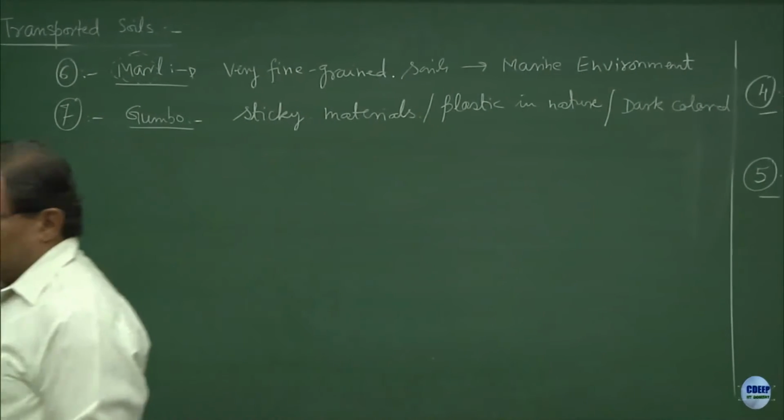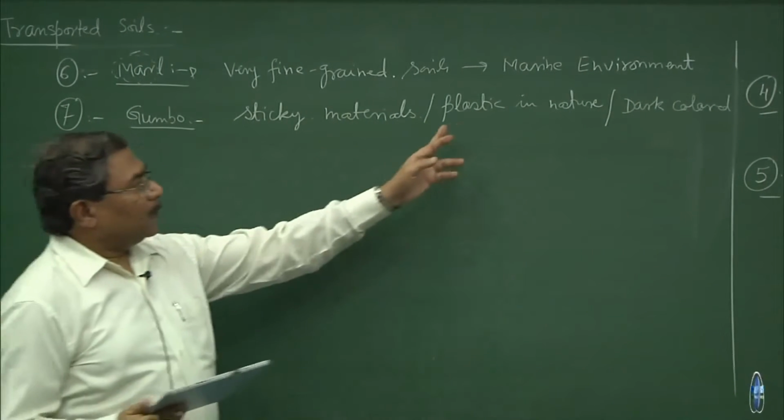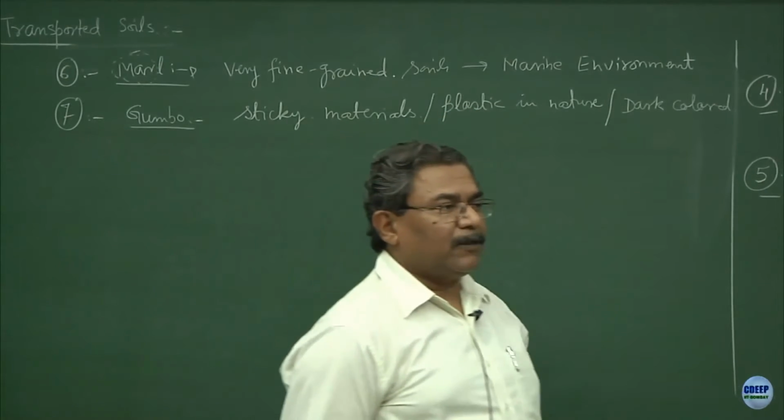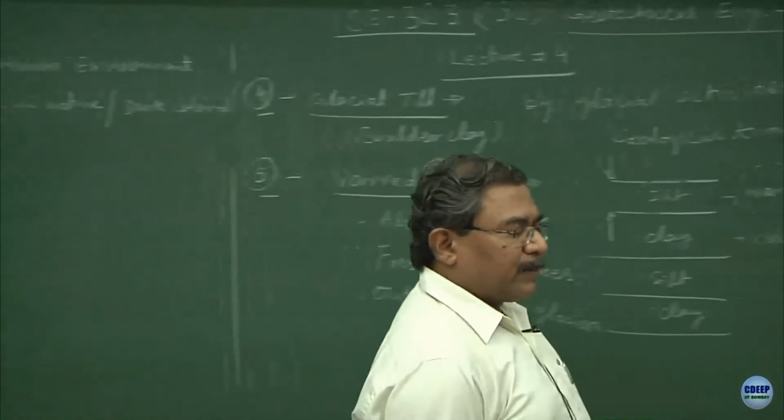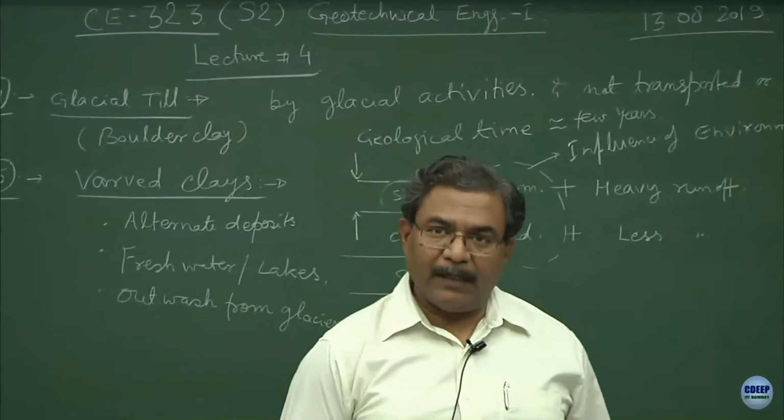See, I have intentionally used the word plastic here. You must be wondering what is meant by this plasticity of the material. So, we will study in detail about the plasticity of the material.